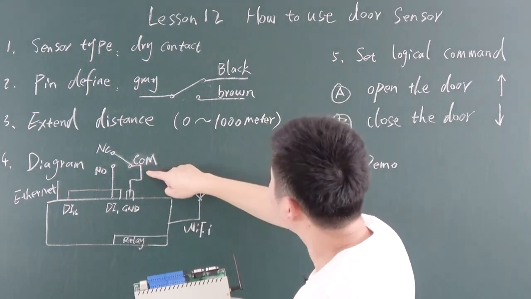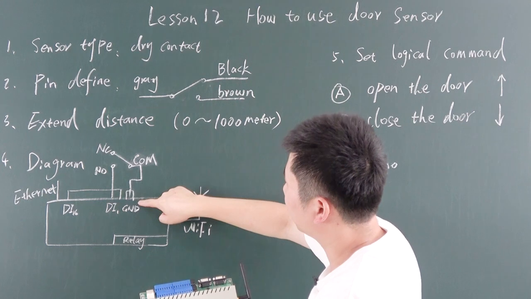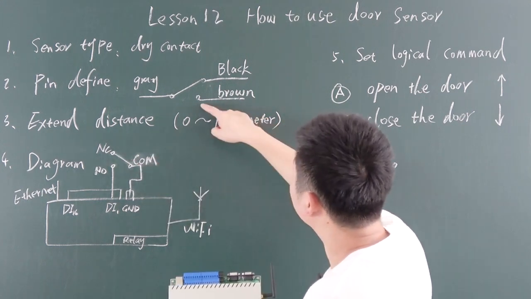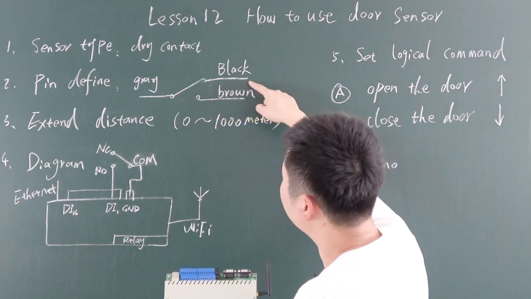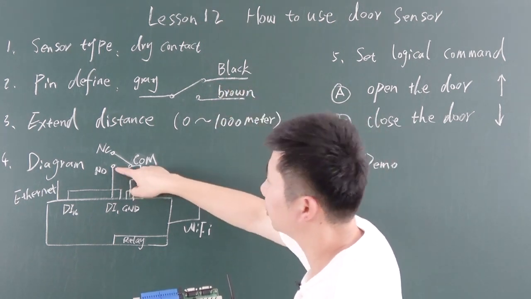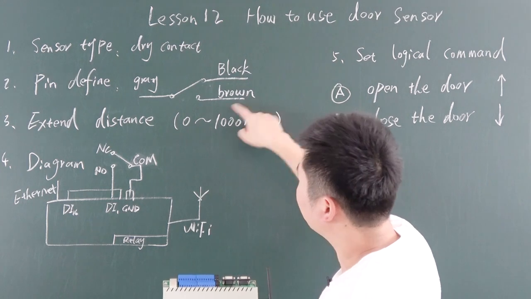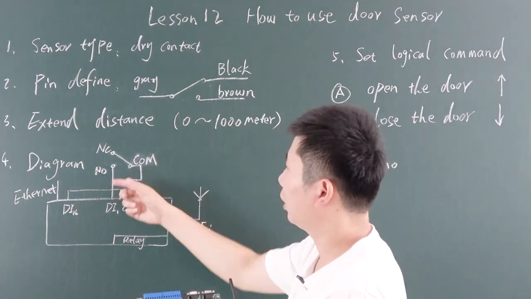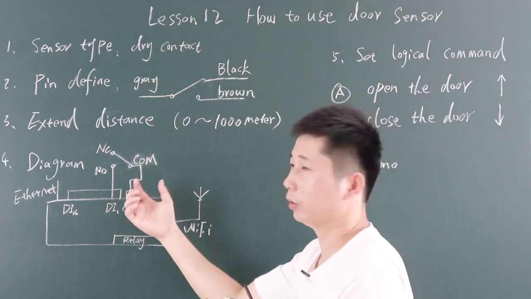The green is the COM, connected with the ground, and this is normal close. Normal close is this one, and normal open is this one. The brown, normal open, we have connected with digital input 1. So this can detect whether the door is open or closed.